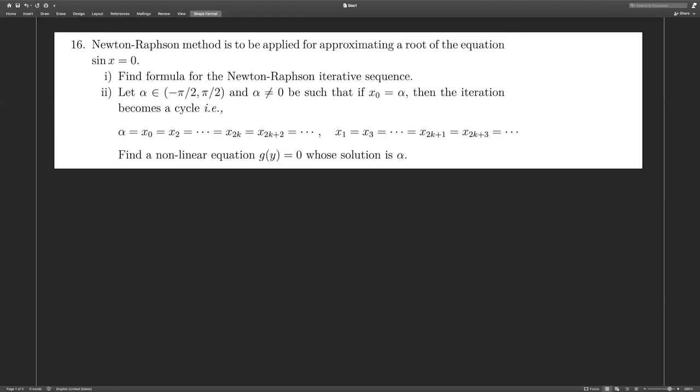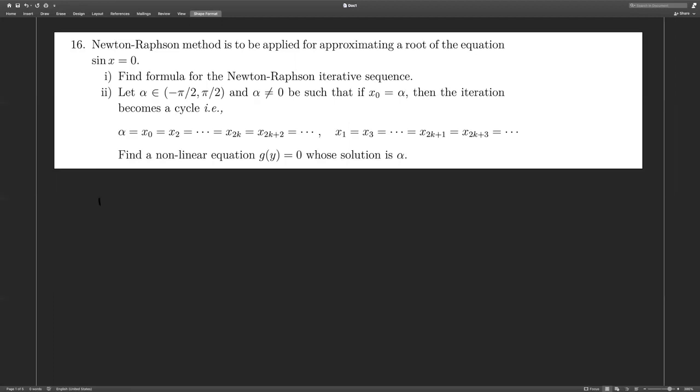Next, let us take up problem number 16. Newton-Raphson method is to be applied for approximating a root of the equation sin x equal to 0. Write the formula for the Newton-Raphson iteration sequence. Generally, if we give an equation f of x equal to 0 and ask you to write the Newton-Raphson iteration sequence, or any other for that matter, like secant method, you just have to substitute the function f of x into the formula of that iterative sequence and simplify it as much as possible.